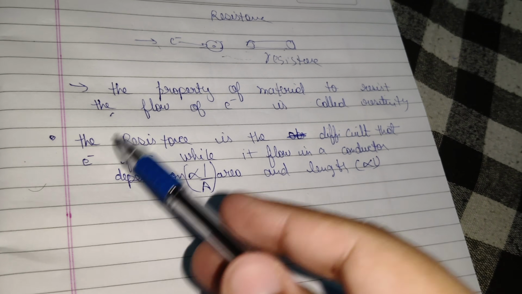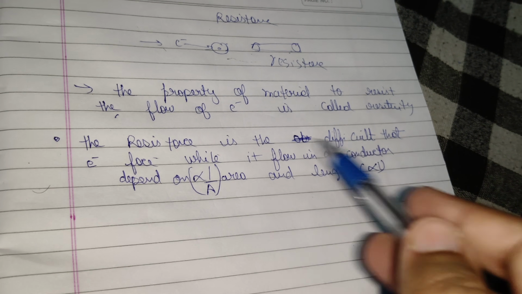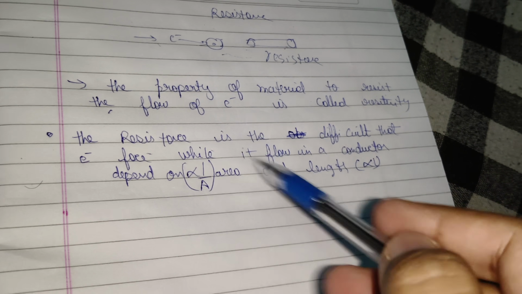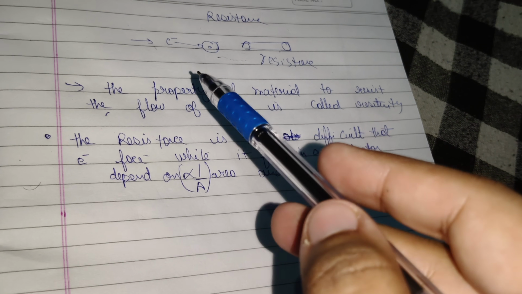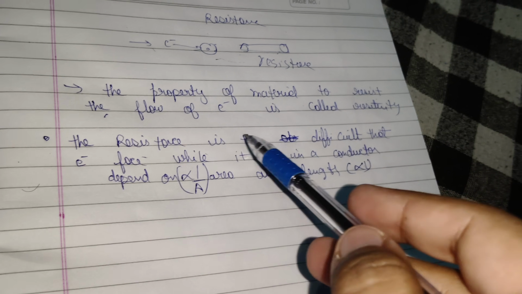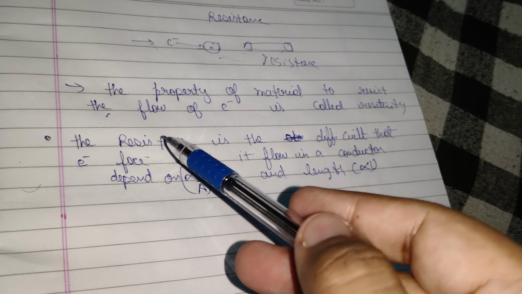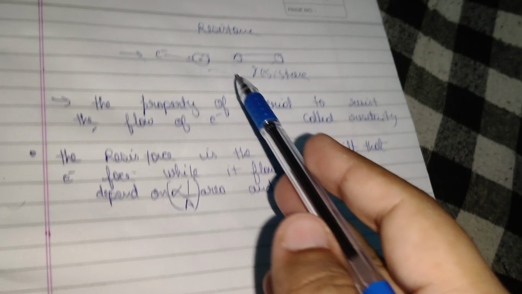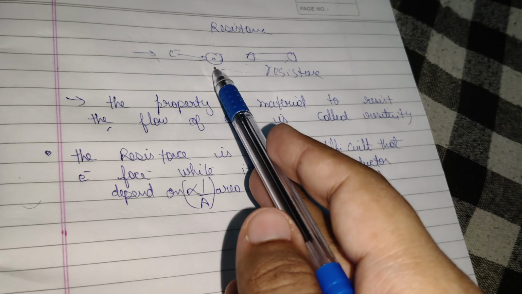The cause of resistance is that the flowing electrons are attracted by the atoms, so there is an obstruction, or we can say the resistivity. The resistivity occurs when the electron is flowing inside a conductor and is stopped by the atoms.